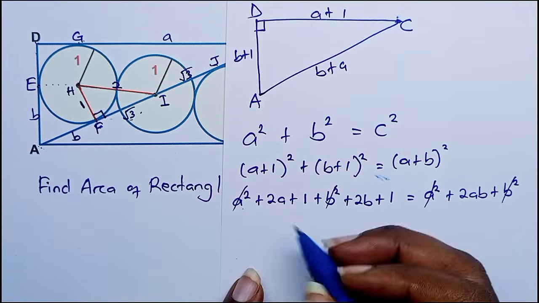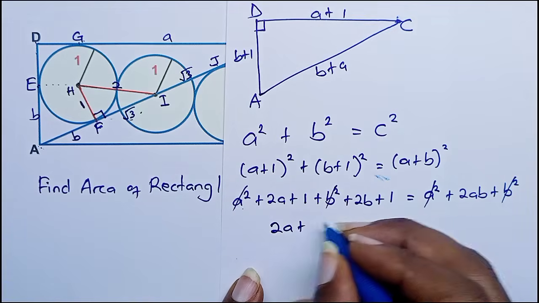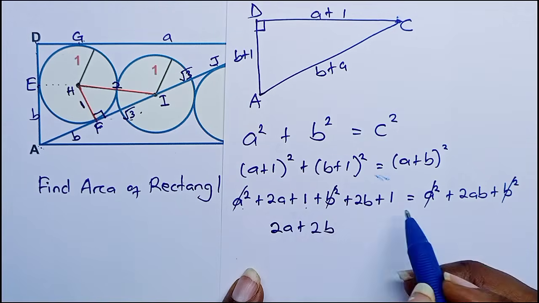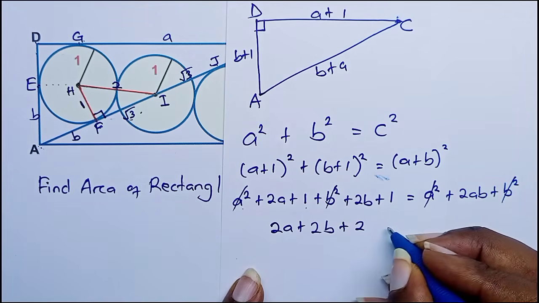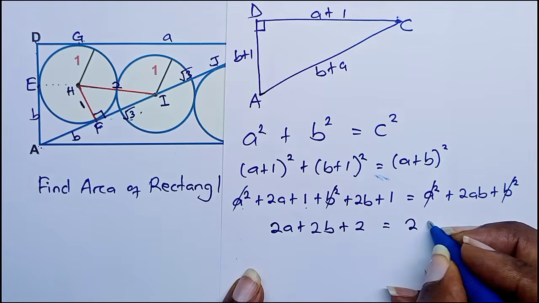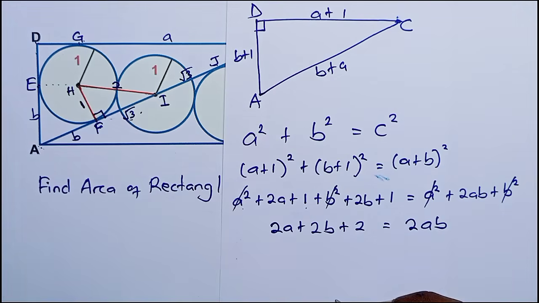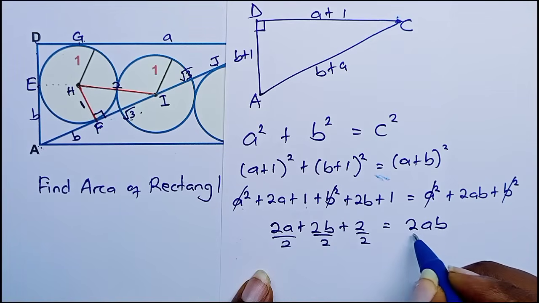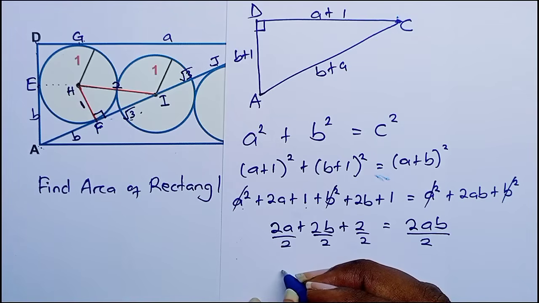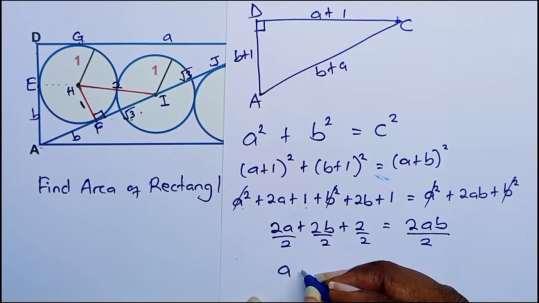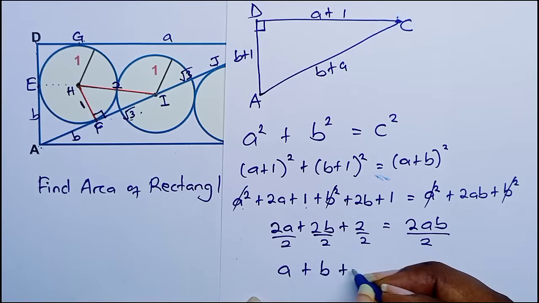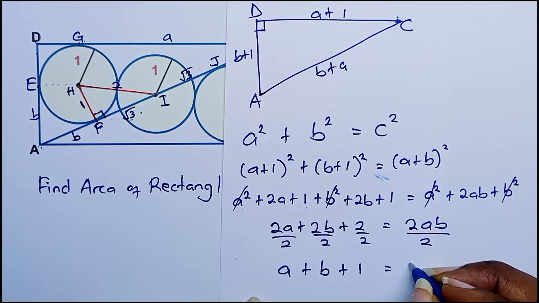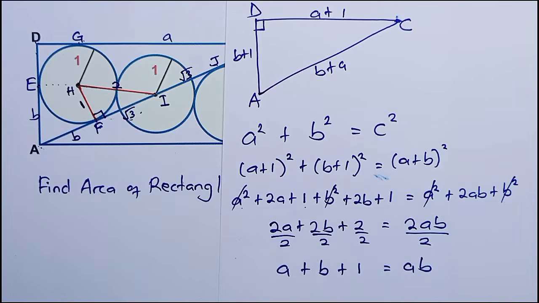So we are left with 2A plus 2B, then we have 1 plus 1 is 2, so plus 2 is equal to 2AB. Let us divide the whole equation by 2. So this by 2, by 2, by 2, by 2. So we shall have A plus B plus 1 equal to AB.